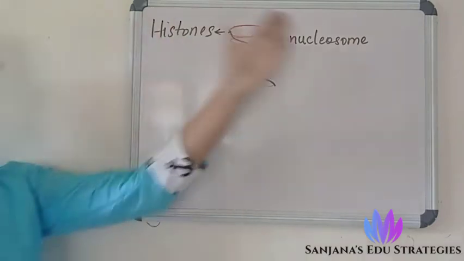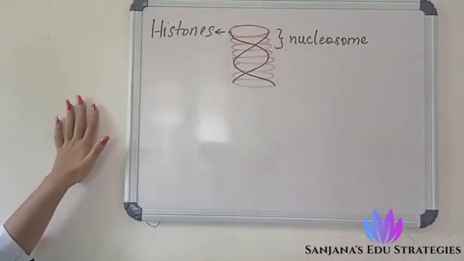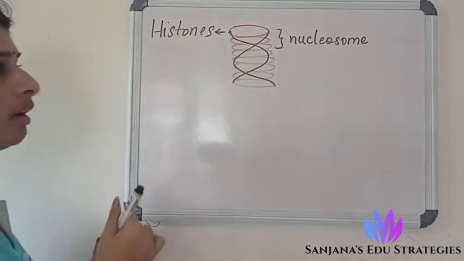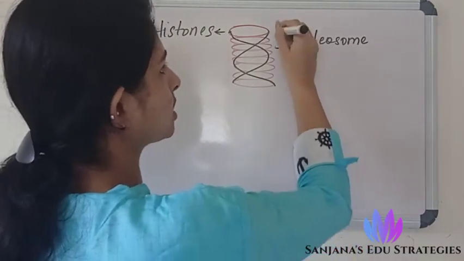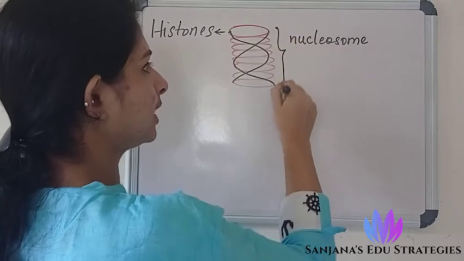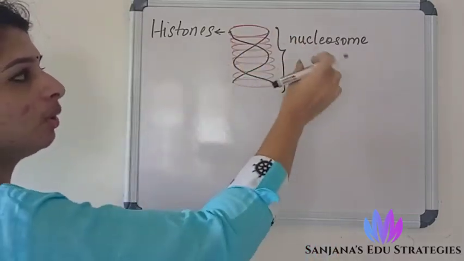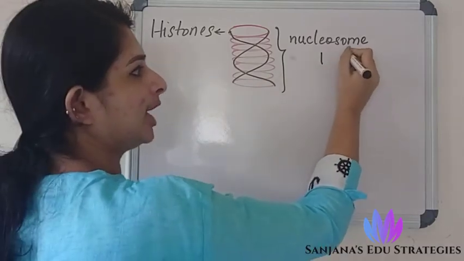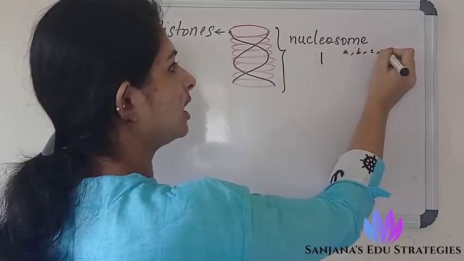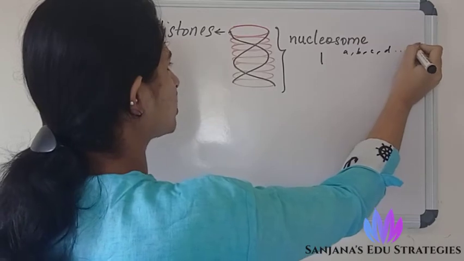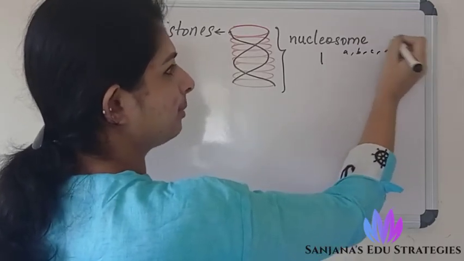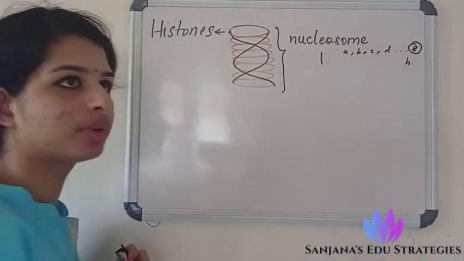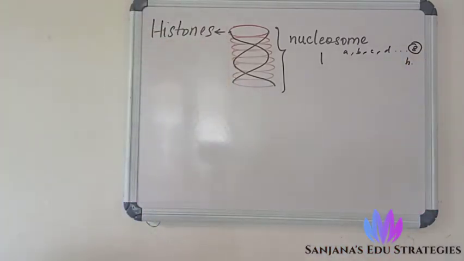Now we'll see about histones. I told you already what a histone is. This completely is said to be one nucleosome. In a nucleosome we have histones A, B, C, D, E, F, G, H. Only till H it will be present.